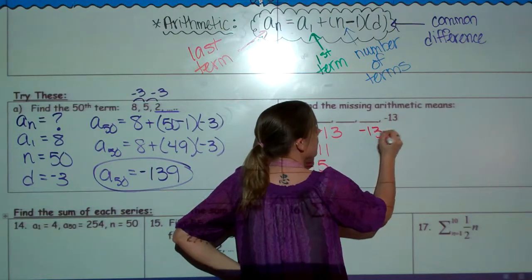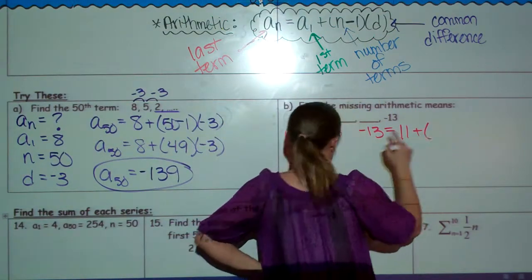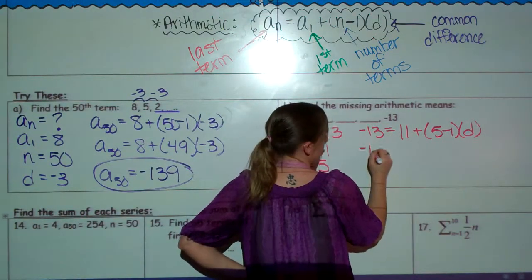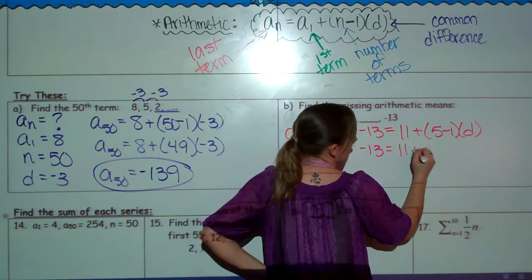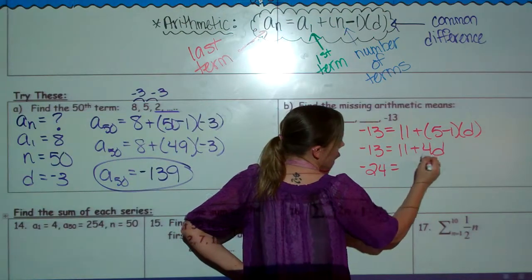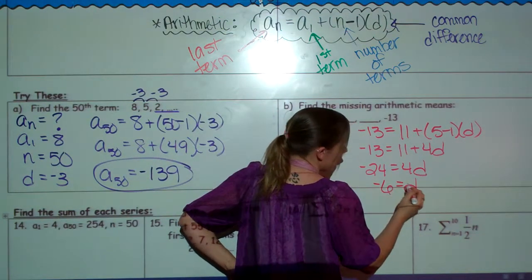So -13 equals 11 plus 5 minus 1 times d. -13 equals 11 plus 4d. -24 equals 4d. So the difference is -6.